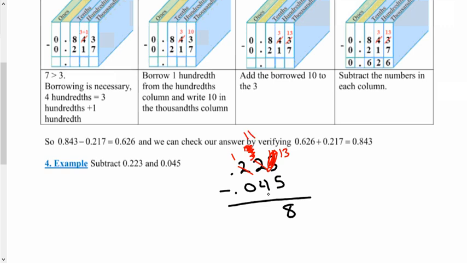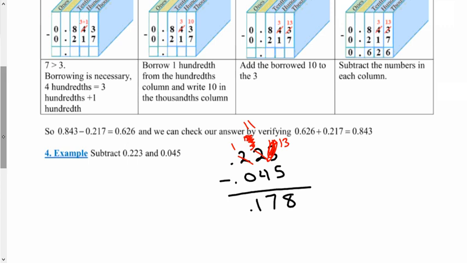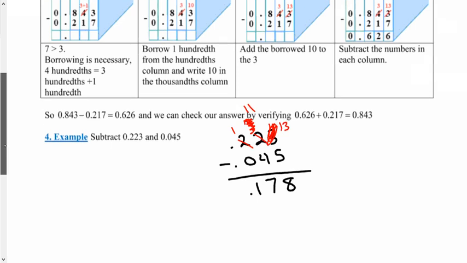So 11 minus 4 is 7. And then 1 minus 0 is 1. 0.178. Okay? So borrowing, that you may have been told in the past, really is just the same as decomposing or converting one of the larger units down into a smaller unit.